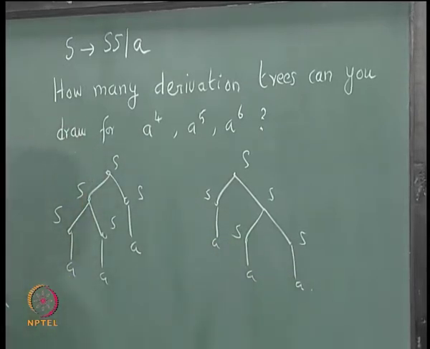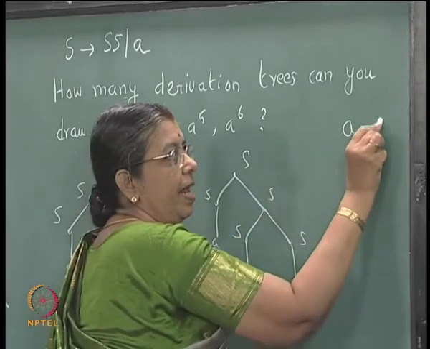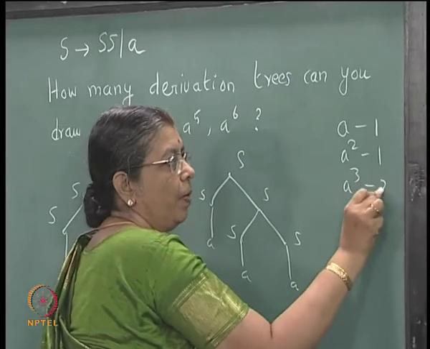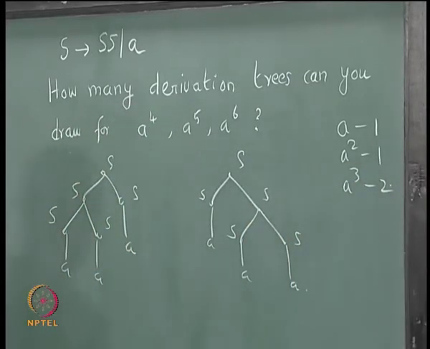For A squared, for A there is only one derivation tree. For A squared 1, A cubed 2. Now how many derivation trees do we have for A power 4?